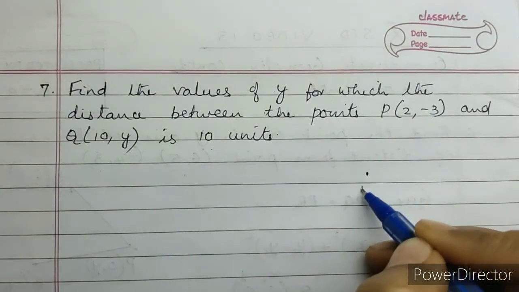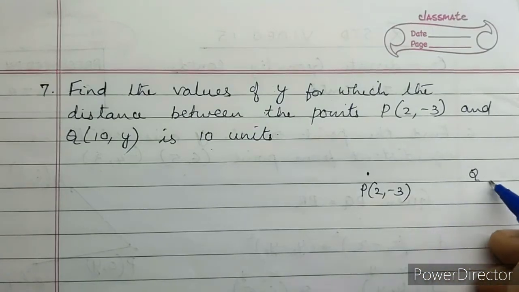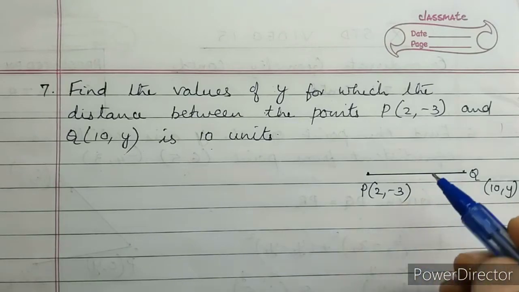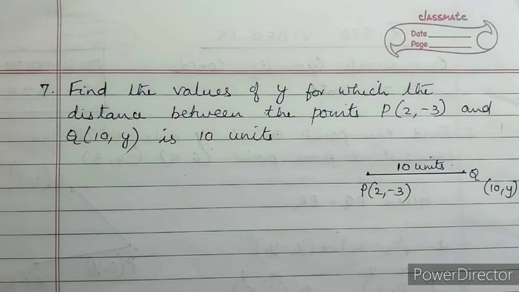Just mark P (2, minus 3) and Q (10, y). So this is the line PQ, join that. See, PQ is the line having 10 units distance. So it's already given, you have to find this y.